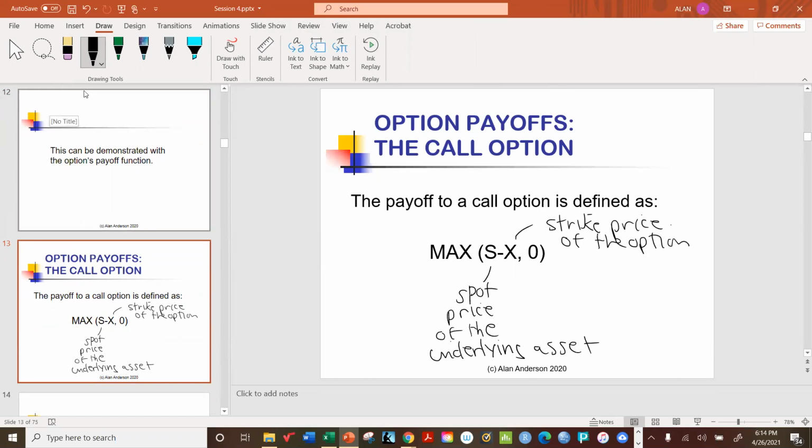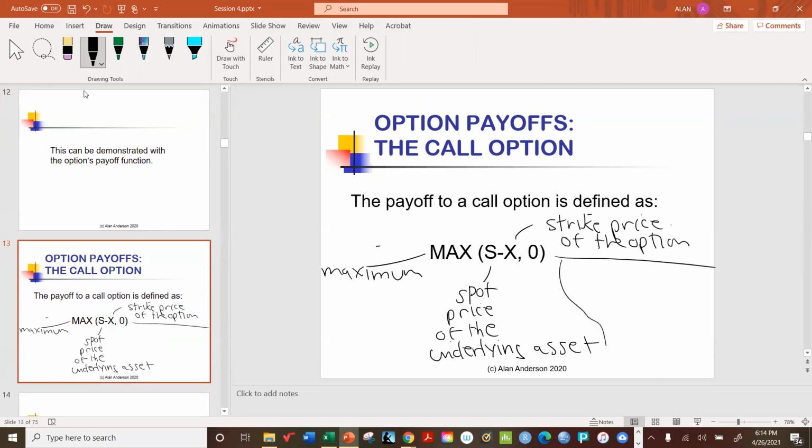Now, max, of course, means maximum. So this is a very compact way of saying that the payoff is S minus X if this is a positive number or 0. So in other words, if S is less than X, instead of having a negative payoff, we simply choose not to exercise the option.